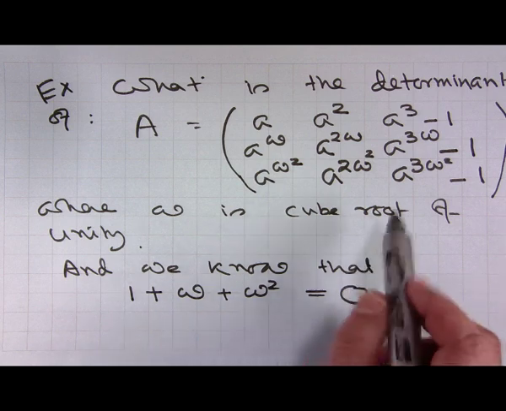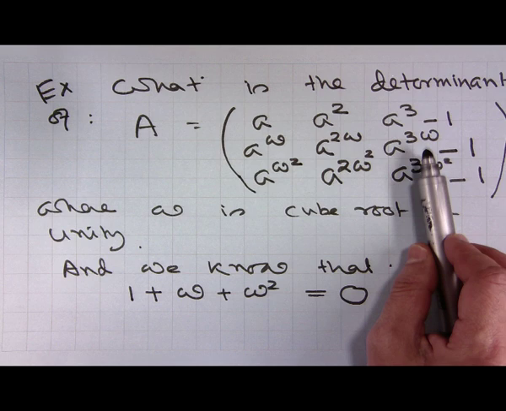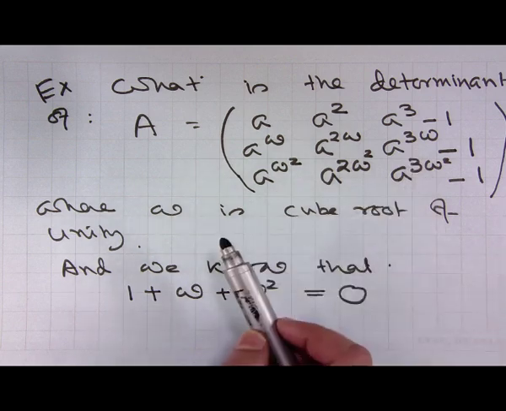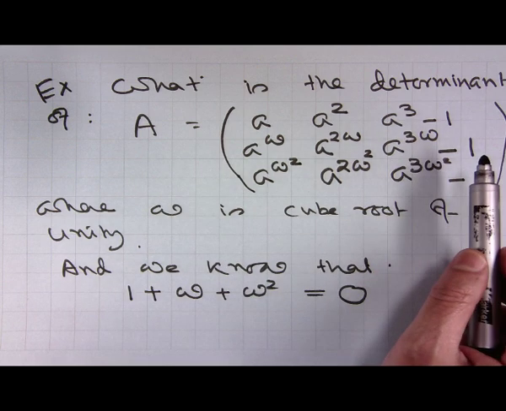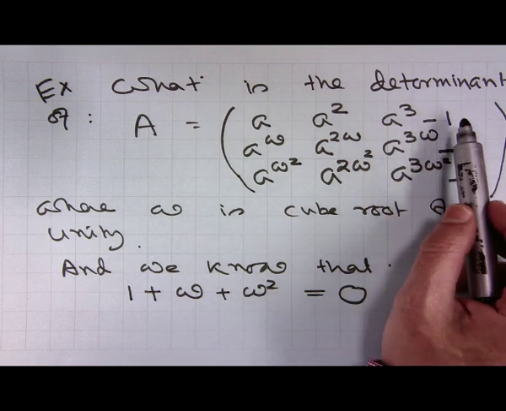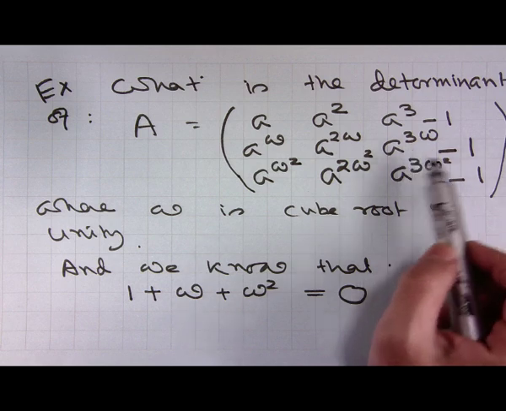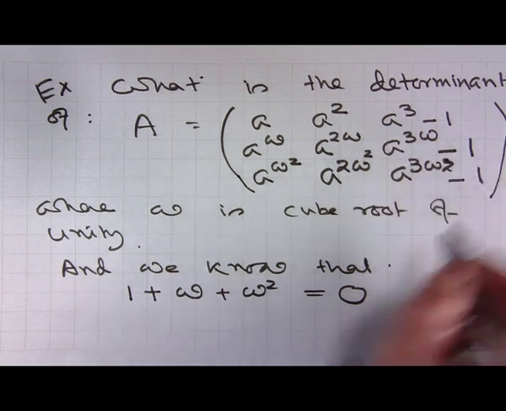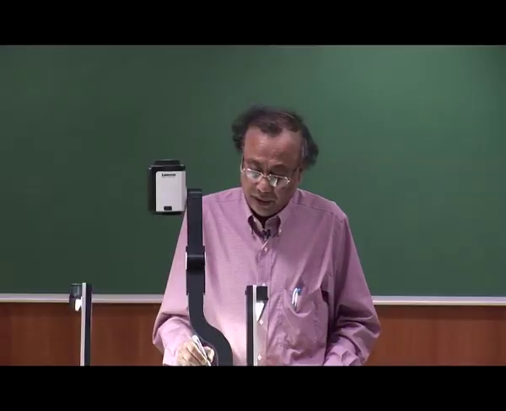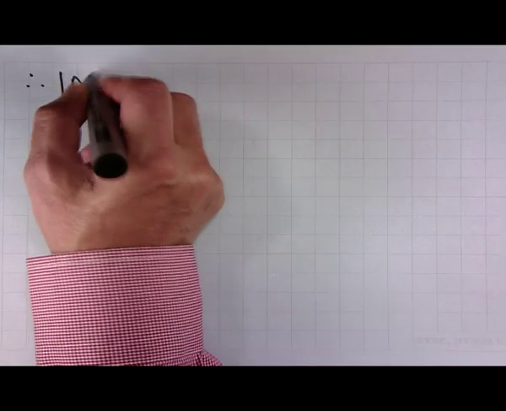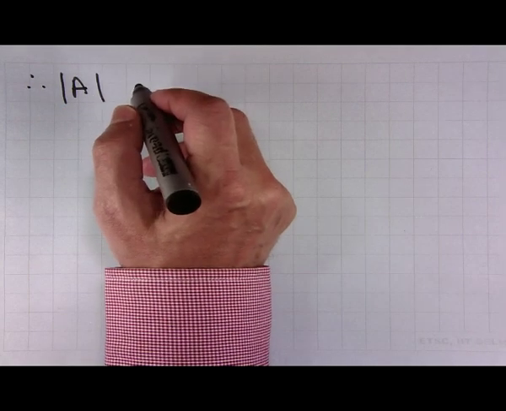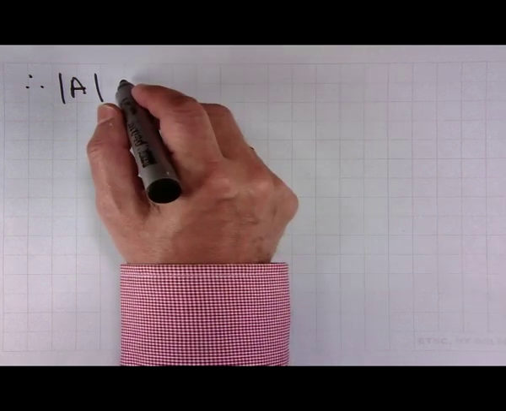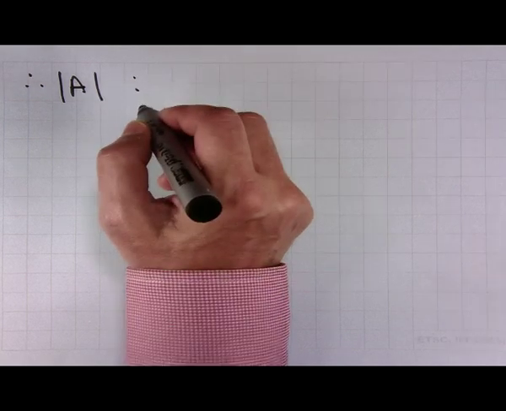If we look at the matrix, we see that all the elements in the third column are actually a summation of two quantities: a cube and minus 1, a to the power 3 omega and minus 1, and a to the power 3 omega square and minus 1. We know that in such situations we can write the determinant as a sum of two determinants, and we do exactly that.